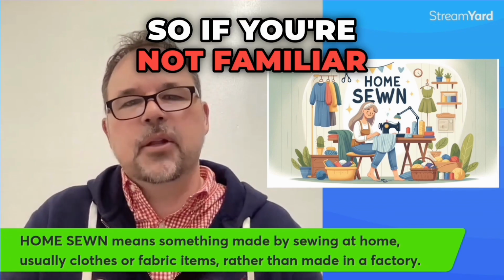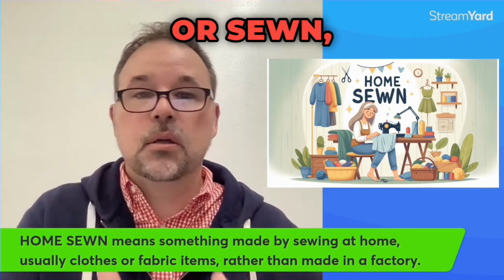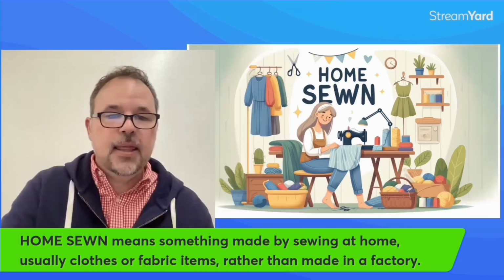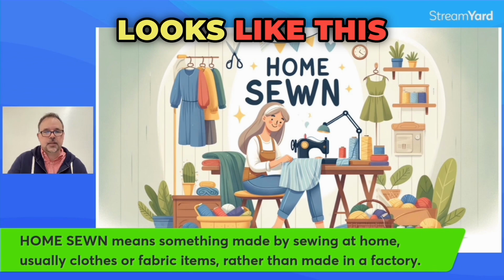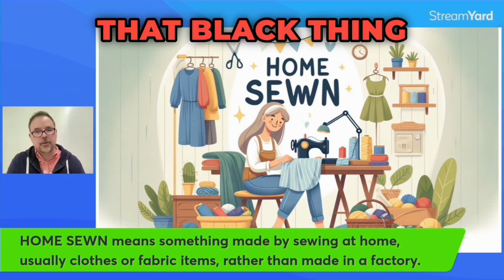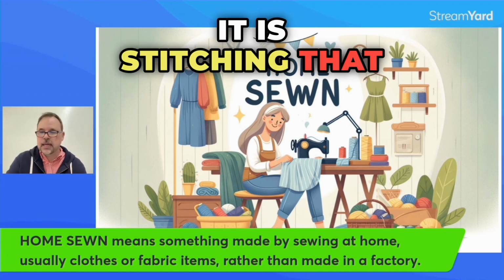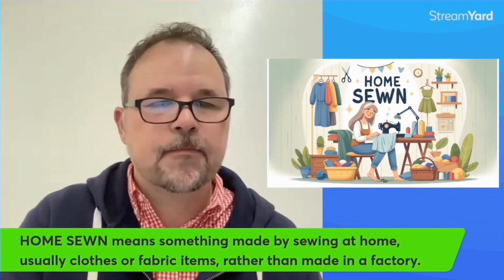So if you're not familiar with that word sew or sewn, the past tense, in that picture, it looks like this person has a sewing machine, that black thing right there, and it is stitching that shirt, it looks like.